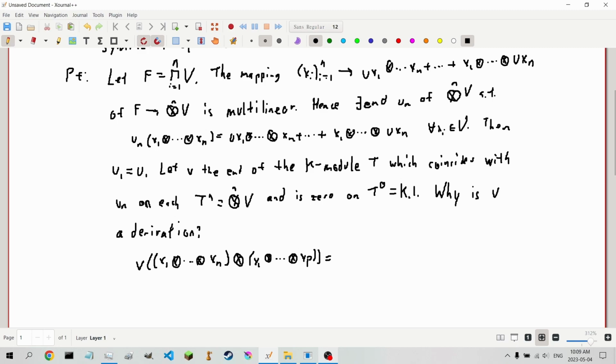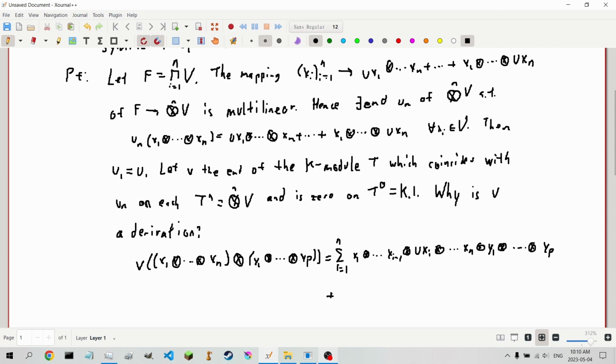This is going to be equal to the sum from 1 to n of essentially x1 tensor all the way up until x(i-1), and then x_i, where that lands, is put through this U. And then we continue on as normal all the way up to xn, and then we start on the y's, and once again everything is normal up until yp.